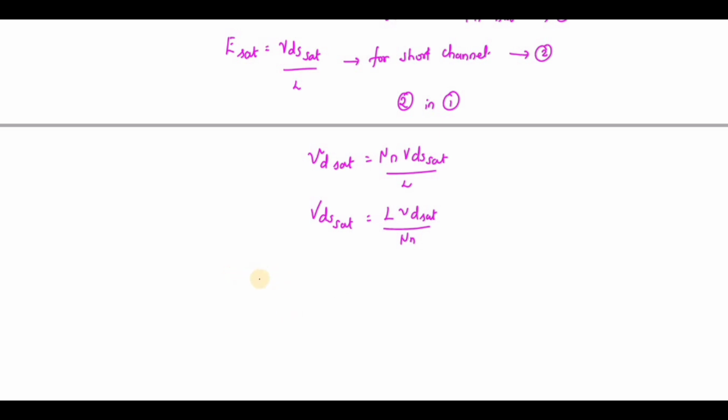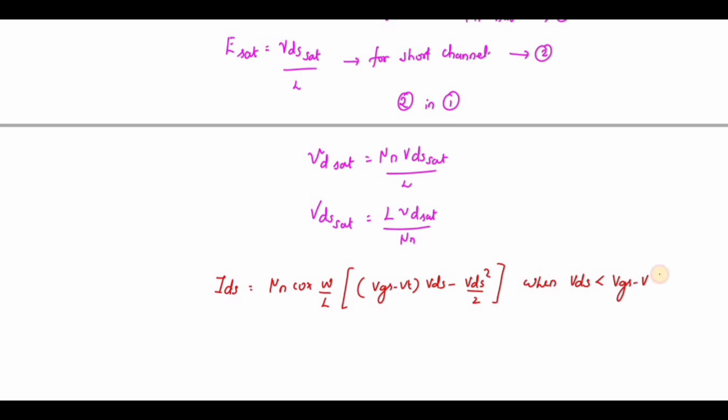IDS is equal to 0 when VGS is less than VT. That is for the cutoff region. And we know that IDS is equal to mu n Cox W by L into VGS minus VT into VDS minus VDS square divided by 2, when VDS is less than VGS minus VT. This is for the linear region.